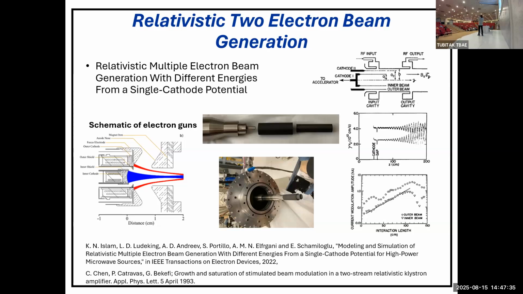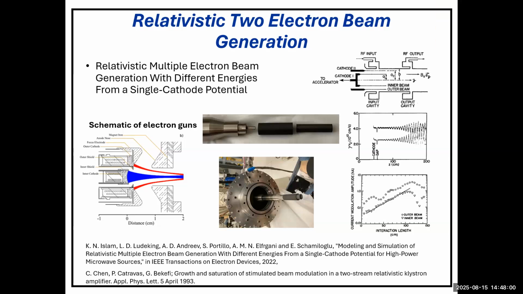If both of them are the same length, you are not generating any electrons from the inner cathode. But if you move it closer or longer away from the outer one, you could change the energy and velocity. Okay, I understood.